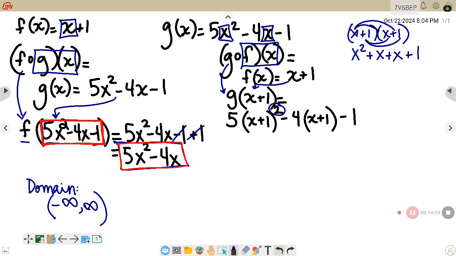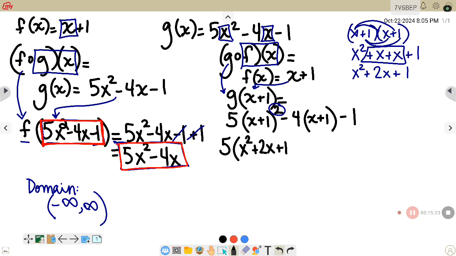When I combine the like terms in the middle, I will have x squared plus 2x's plus 1. So that's what I have for the x plus 1 squared. So I'll just bring down the 5. X plus 1 squared ended up being x squared plus 2x plus 1.